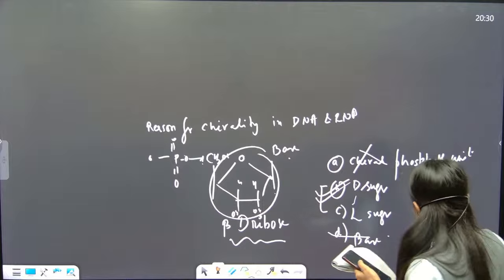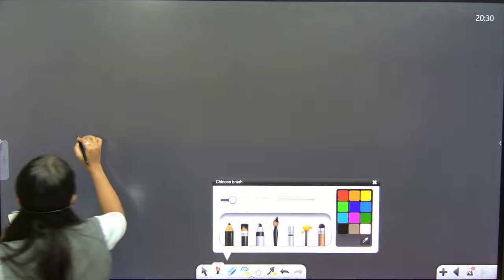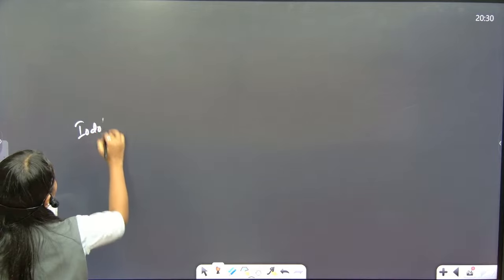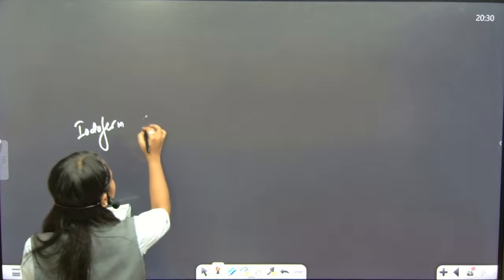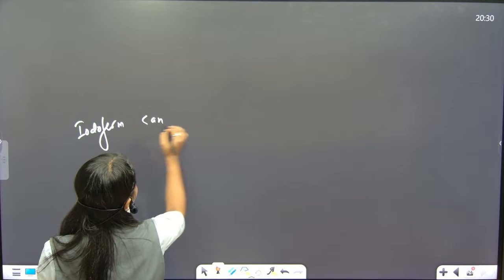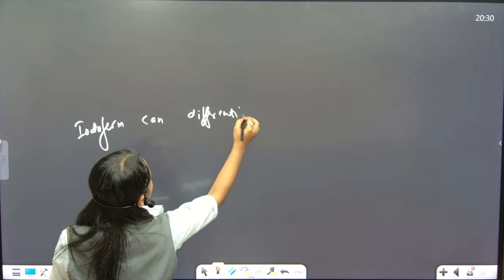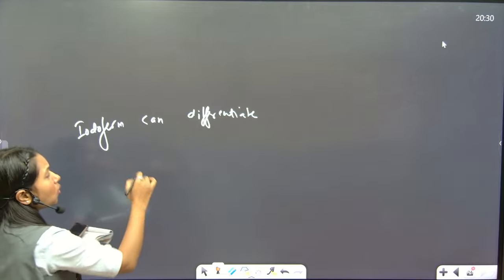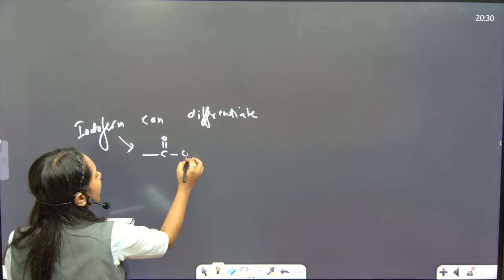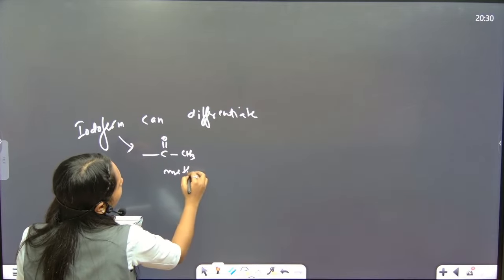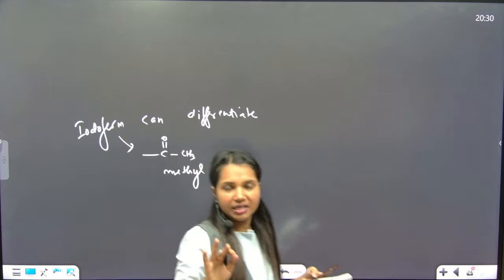Okay. Now let's move to the next question. The question was, the iodoform test can differentiate what? Fine. So we know iodoform test is given by compounds that have a methyl ketone group.